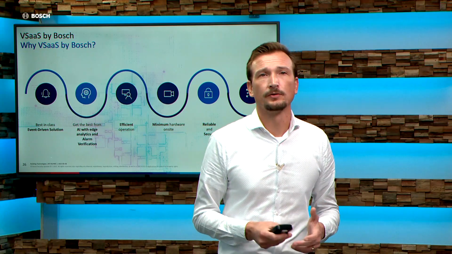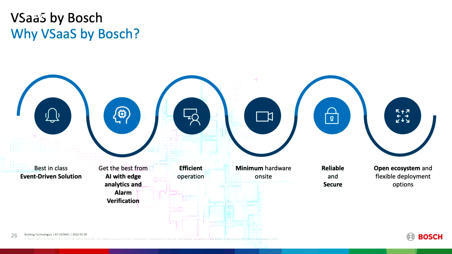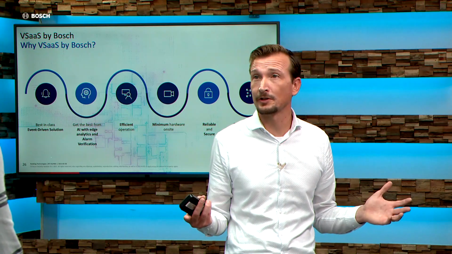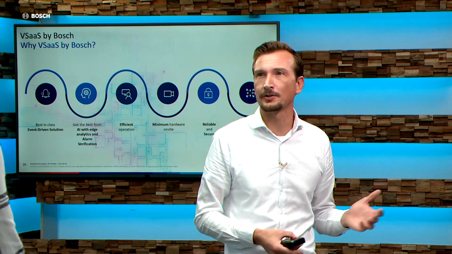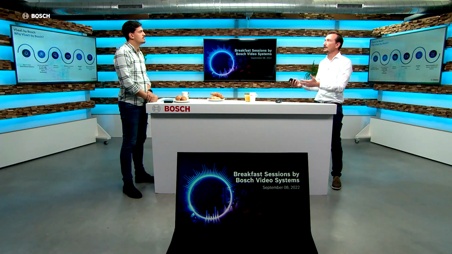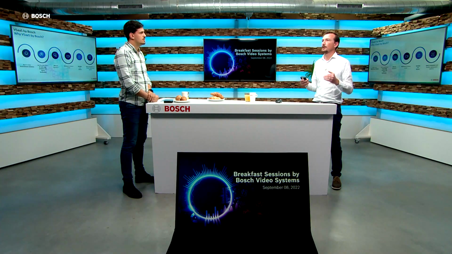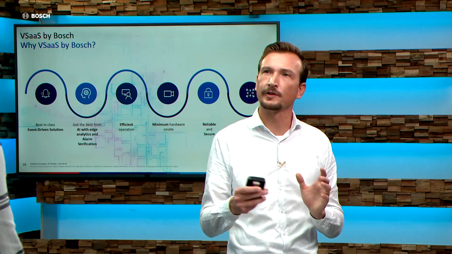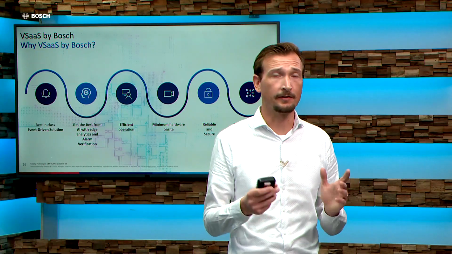Reliable and secure, so yes, we're really working to make sure that everything works fine and smoothly. And we also work on the data security side, right? As you just mentioned in the session two sessions ago on the breakfast session, it is one of our pillars. So we make sure that every measure needed to give you a more secure solution is done, it is there.